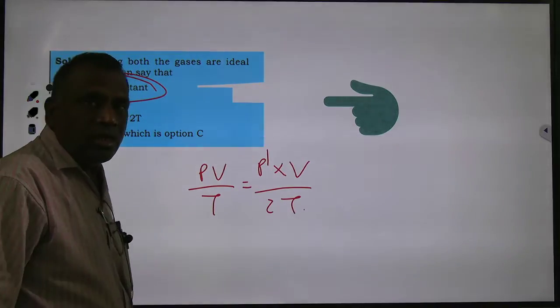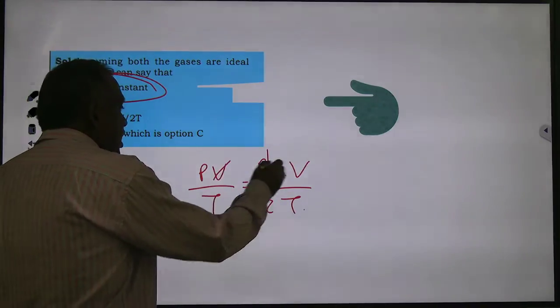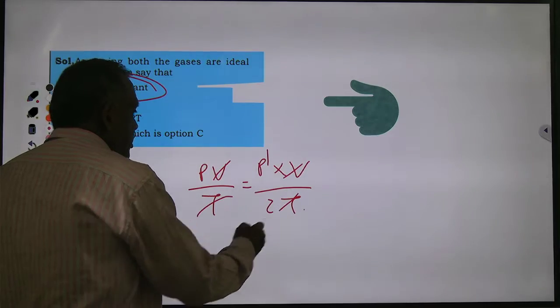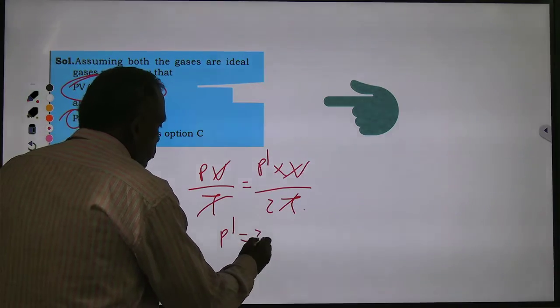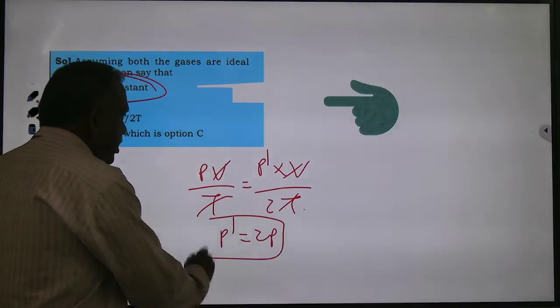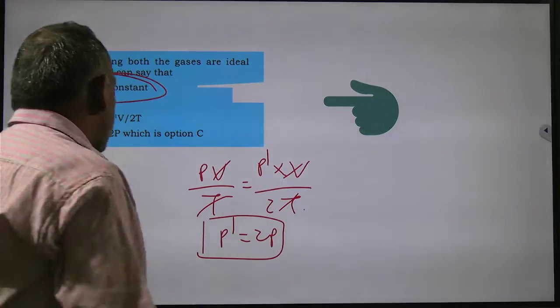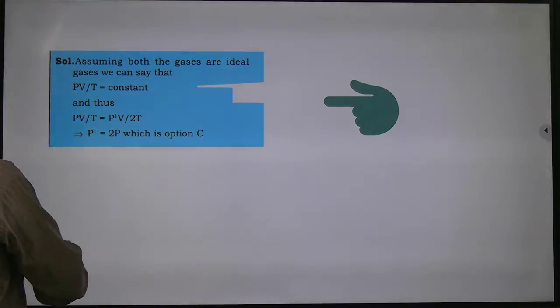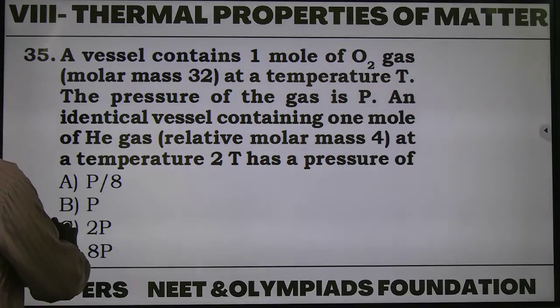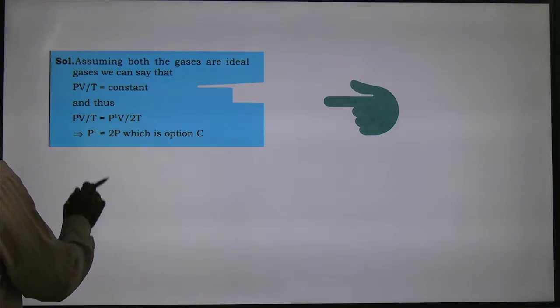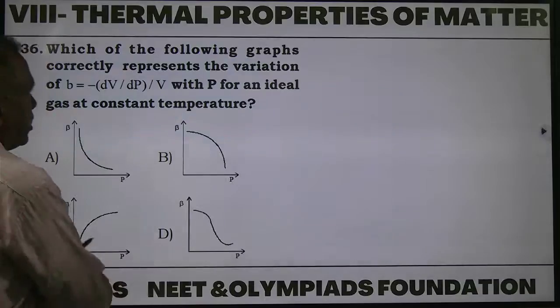From this you can simplify: V and V get cancelled and T and T get cancelled. Then pressure P dash equals 2P. In the given options, 2P is option C. Option C will be the correct answer for that question.